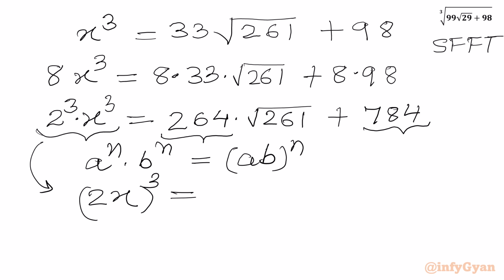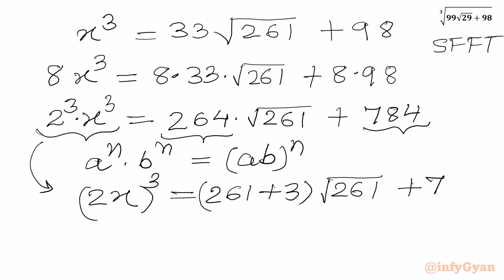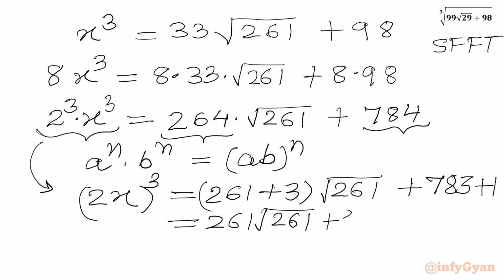In the RHS we will split 264 as 261 plus 3, then we have square root 261. 784 we will split as 783 plus 1. Now I will expand the RHS. So I can write 261 square root 261 plus 3 times square root 261 plus 783 plus 1.